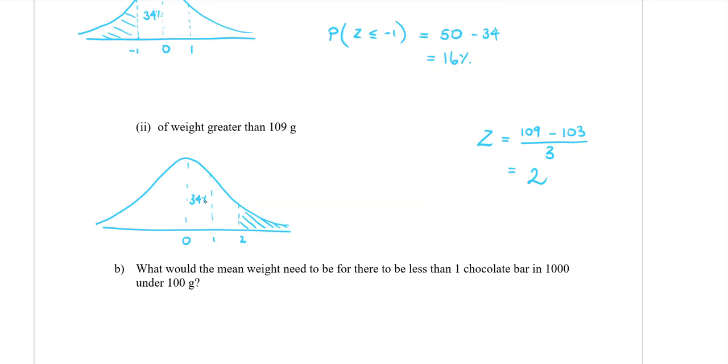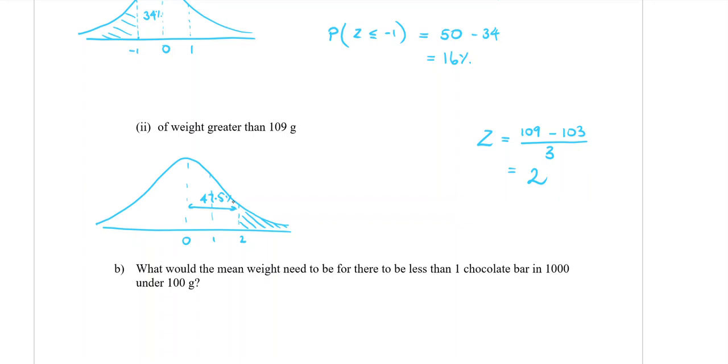But maybe we should just do from 0 to 2 all in one hit. That might be easier. What is from -2 to 2 as a percentage? That's the 95. So what is half of 95? 47.5. So that part together is 47.5%.